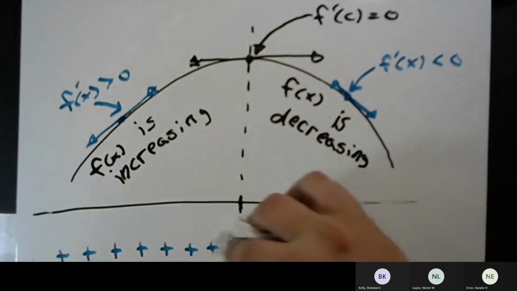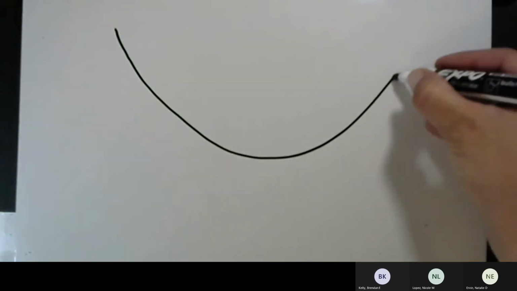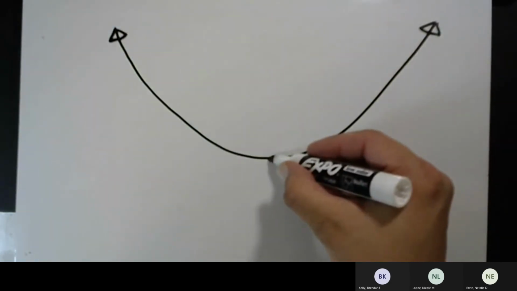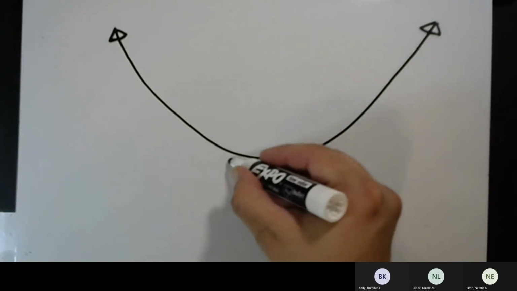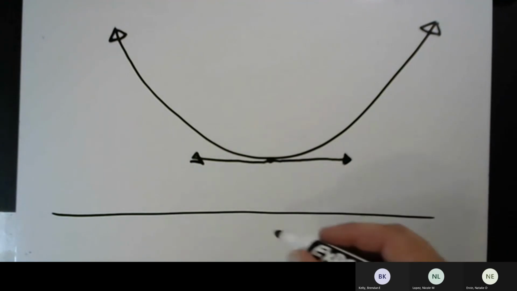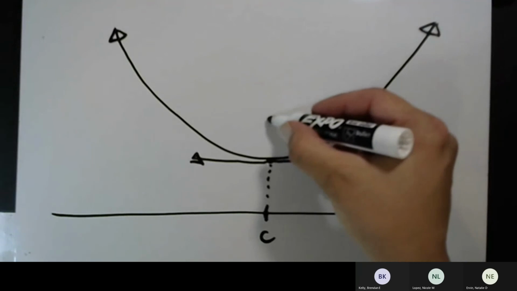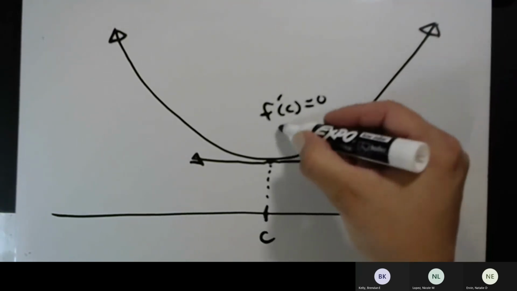All right. So here we have another kind of local extrema. Here's a local min. And again here, there's our C, and there's f prime of C equals 0.